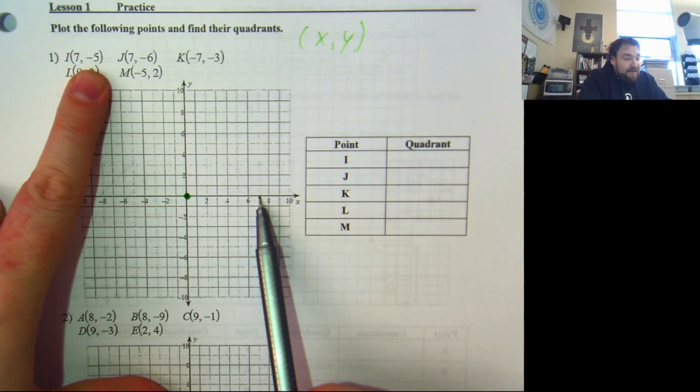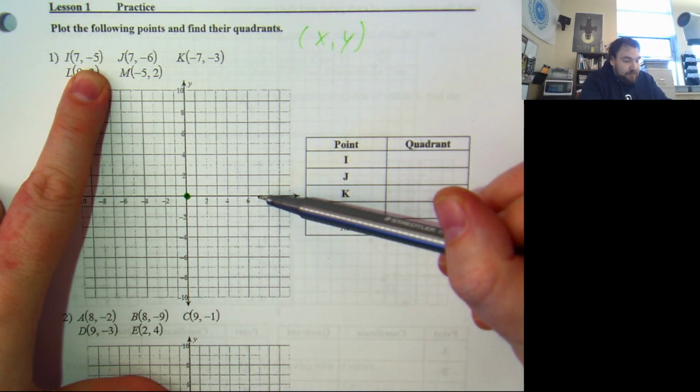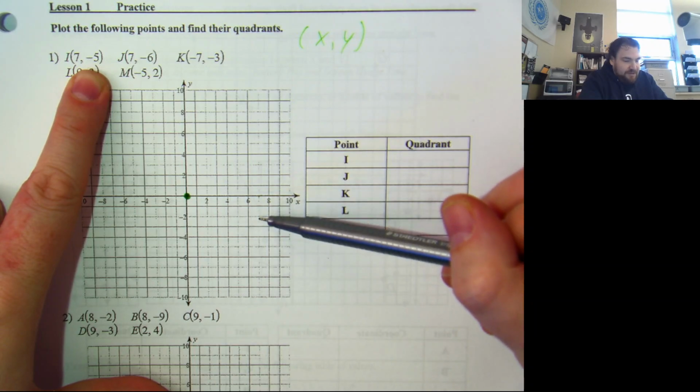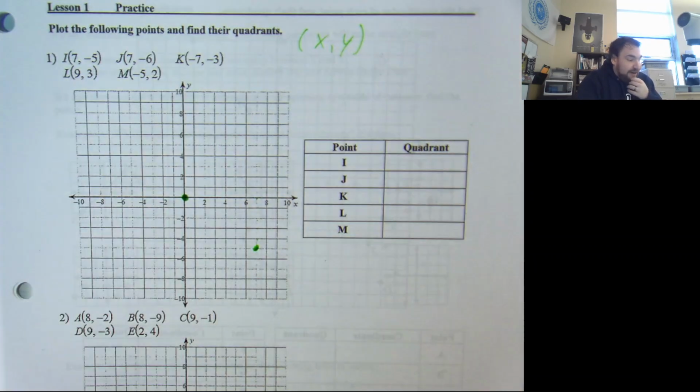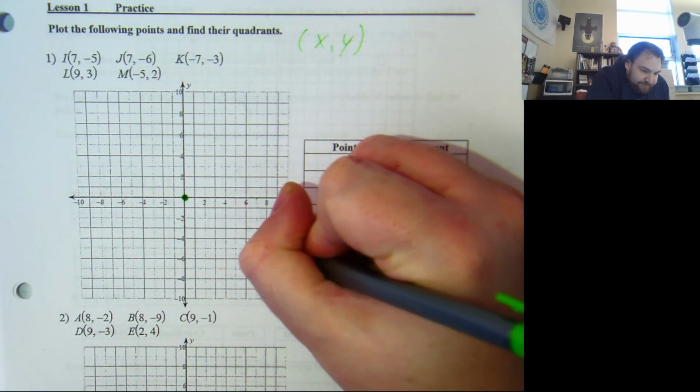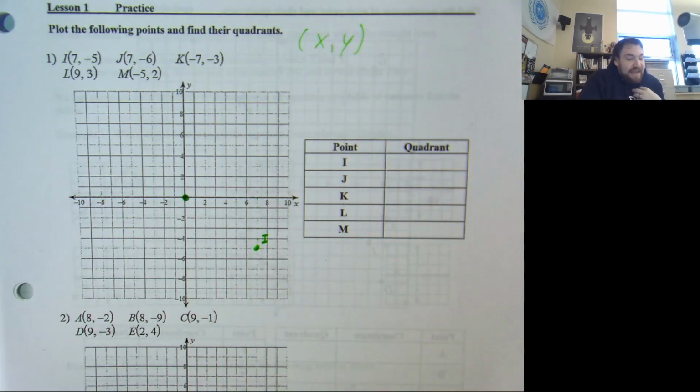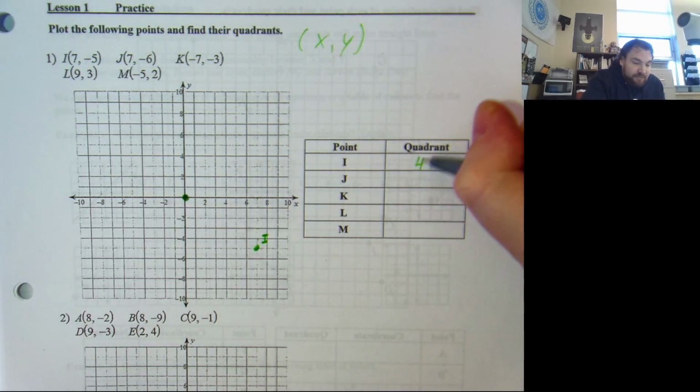And then if I want to go to -5, I go up or down? Down. 1, 2, 3, 4, 5, down. I put a dot right there. That's going to be labeled point I. And what quadrant is I in? It is, in fact, quadrant 4.